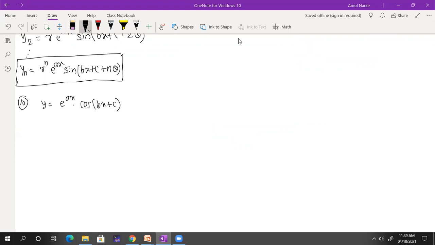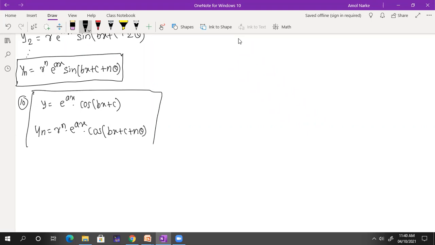Okay, no problem. So yn, you need to check it out. This is as homework. r raised to n, e raised to x into cos of bx plus c plus n theta. That is what you will get for the cos one.